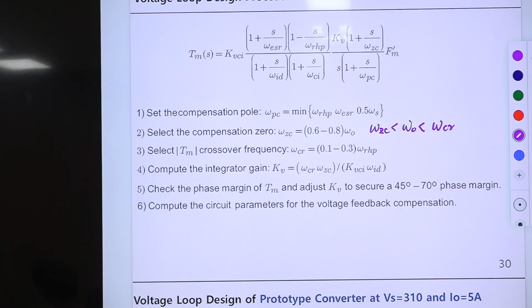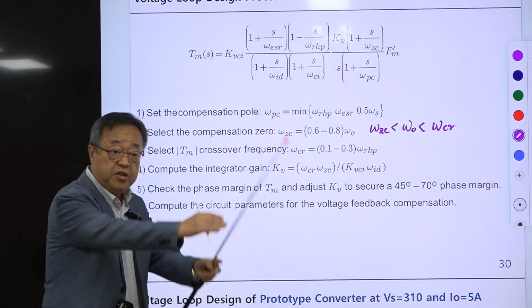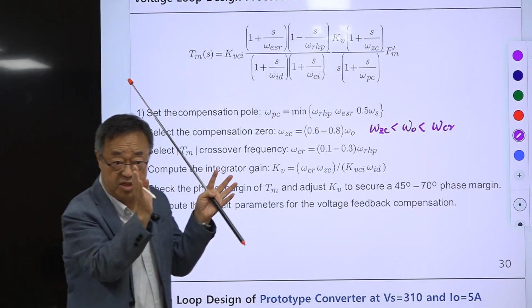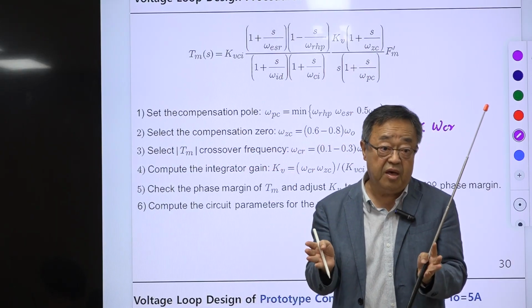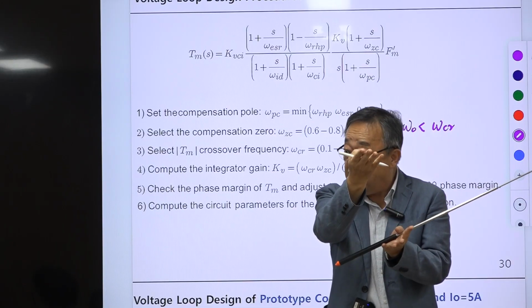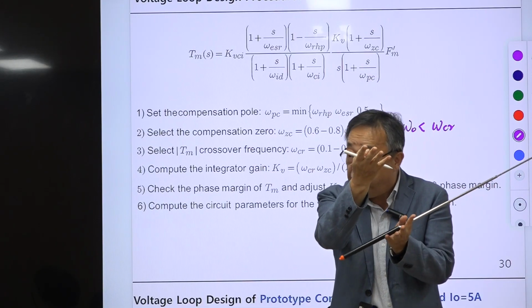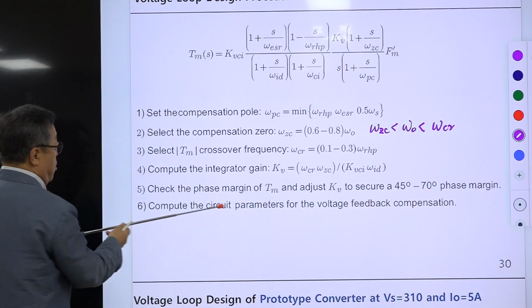If you use that, you clearly see this requirement, but it's not shown here because we already include the current loop embedded in the GVC expression, and that was cancelled because of the numerator and denominator. There are common factors, so that is not shown here, but this should be observed.